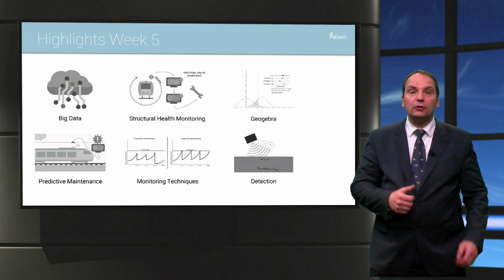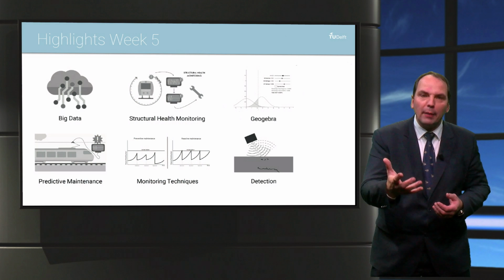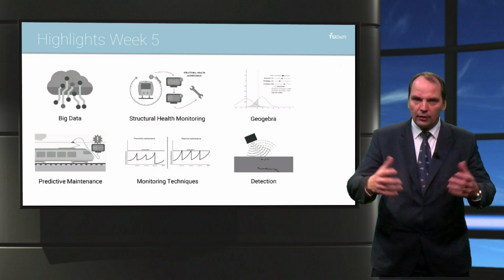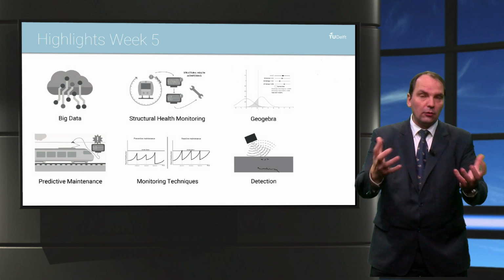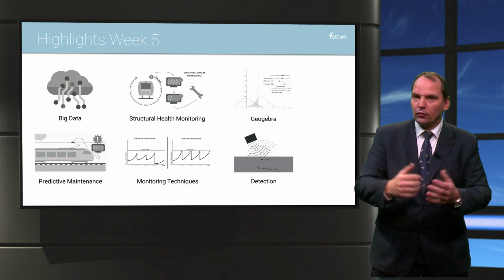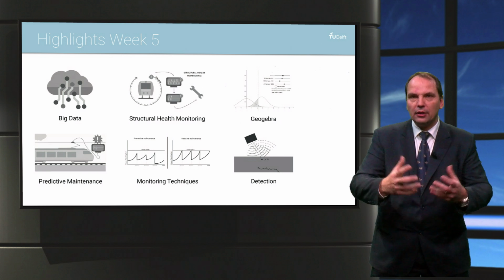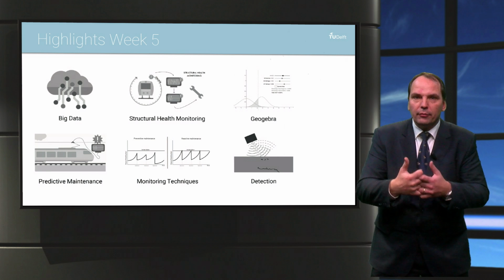Week 5, we discussed monitoring. By monitoring, we mean how we can do preventive maintenance and get information out of the data we get from all kinds of sensors, so we can have big data analysis to get information out of this huge amount of data. And it is possible, so technically we can get this data, and therefore you also need analysis and all kinds of techniques to get preventive maintenance.